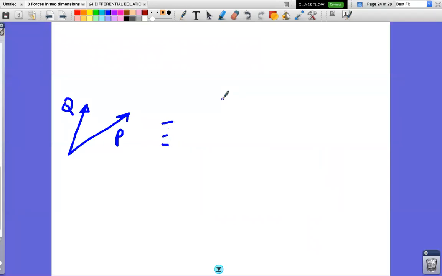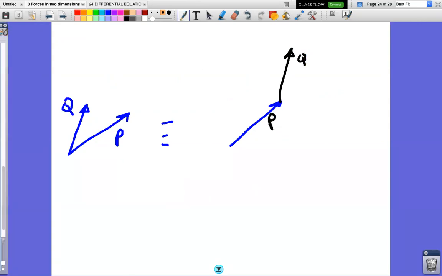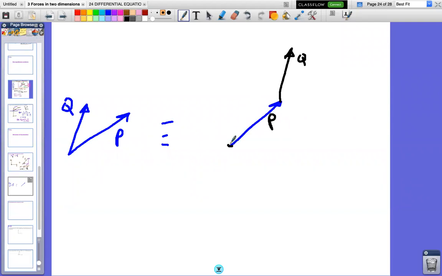In the same way, you first perform P, and then from the head of P, you perform Q. Then your resultant will be from the tail to the head of Q. This is your resultant force.